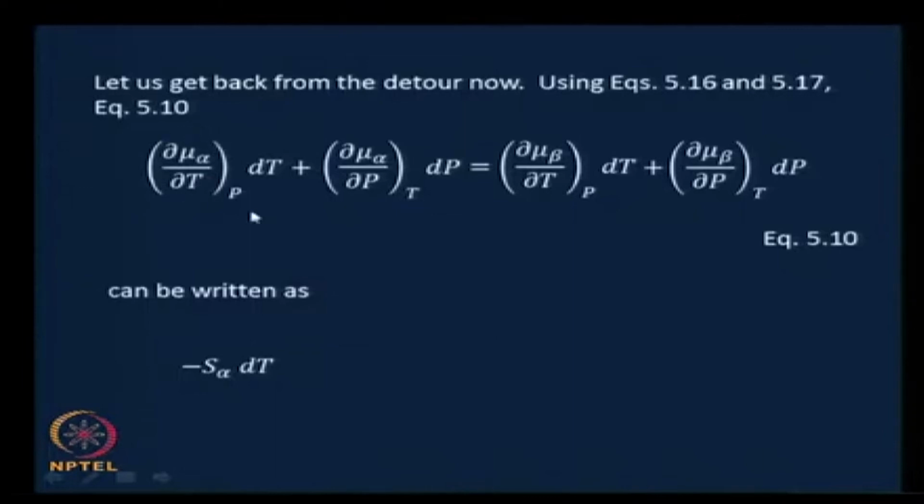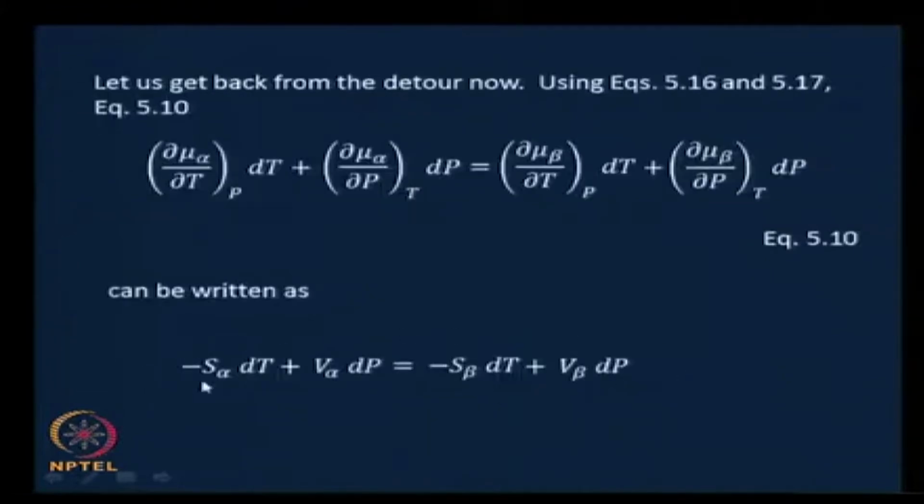Dou mu alpha by dou T at constant P was nothing but minus S alpha that we saw for 1 mole of a pure substance, therefore minus S alpha dT, plus dou mu alpha by dou P at constant T we found was V alpha, the molar volume in the alpha phase of the pure substance, dP equals minus S beta dT plus V beta dP, and just taking dP by dT and writing it as the derivative.